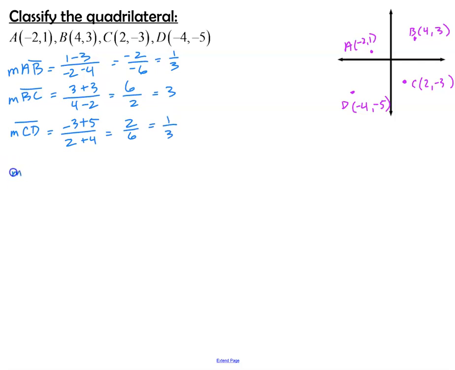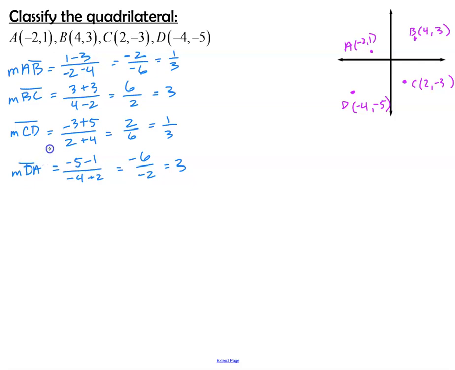And then lastly, we have DA, which is going to be -5 minus 1 over -4 plus 2, and that's -6 over -2, which simplifies to a +3. So again, I went in order around the quadrilateral.